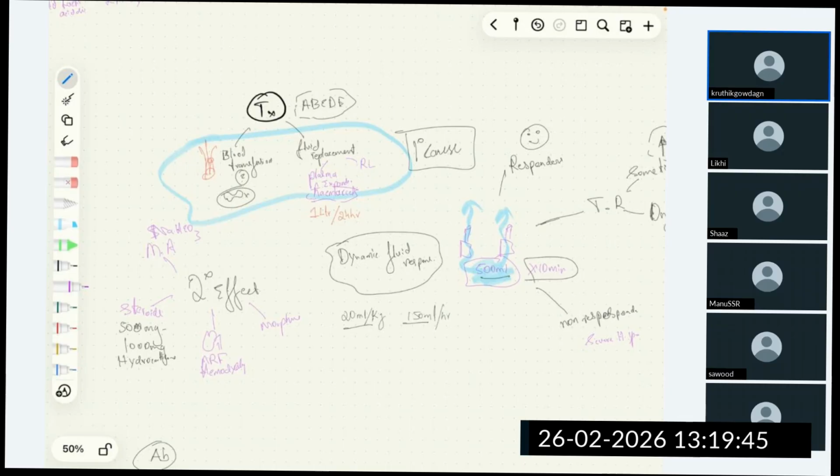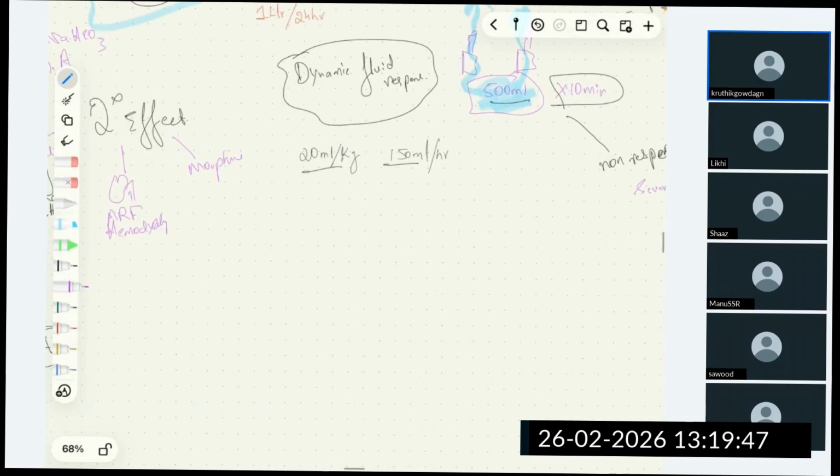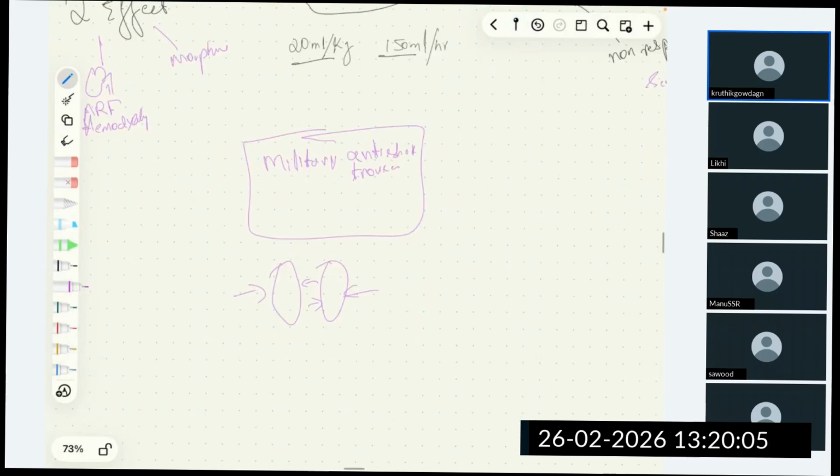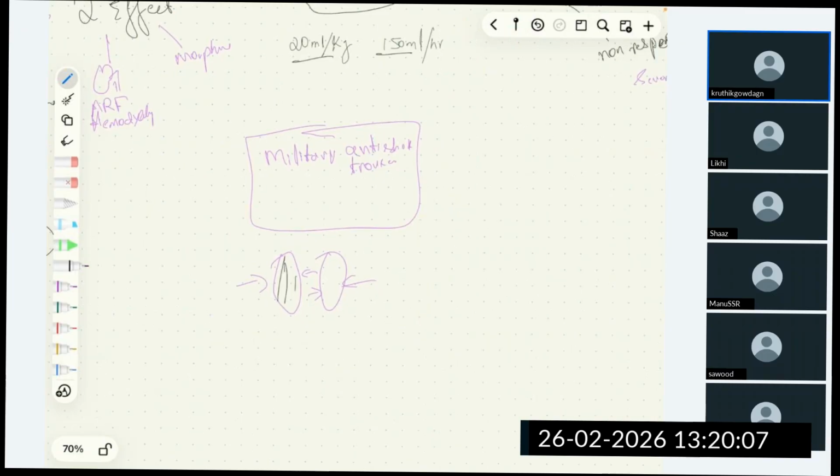And also, at last, I am mentioning the military anti-shock trouser. It provides circumferential external pressure of over 40 mm Hg. I hope all of you have seen the military anti-shock trouser.